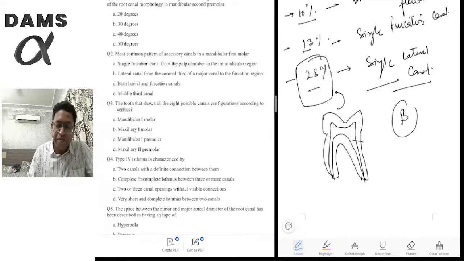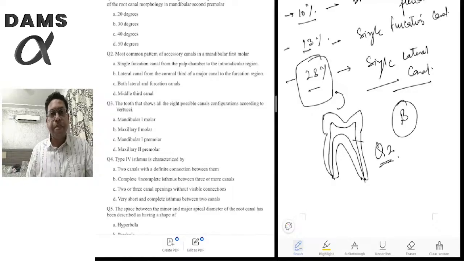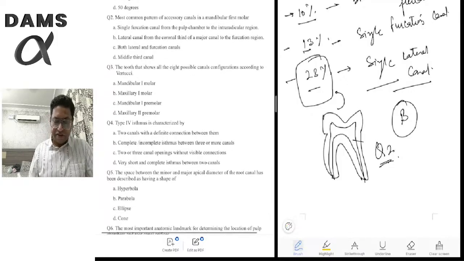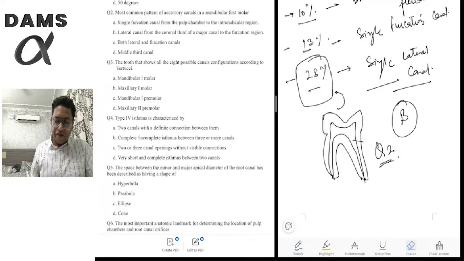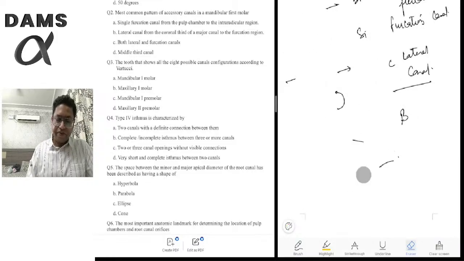Option B would be the answer, the best possible answer for question number 2. If you look at the previous sessions where we have discussed these tooth morphology and access cavity preparations, these things have been clearly explained. Okay. Coming over to question number 3.